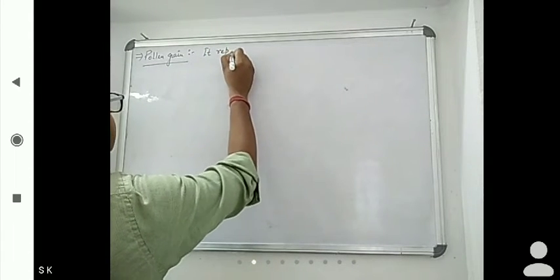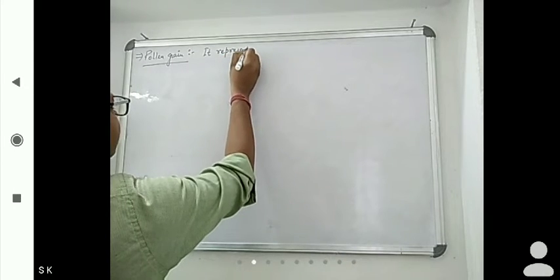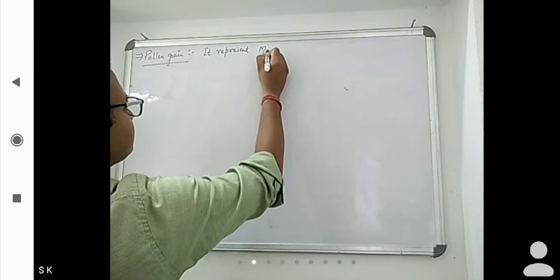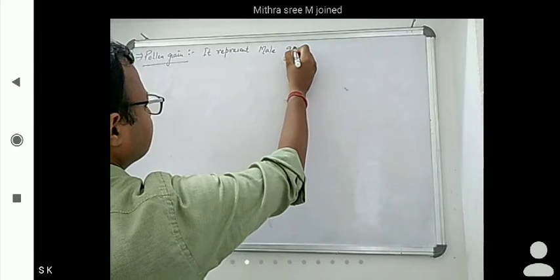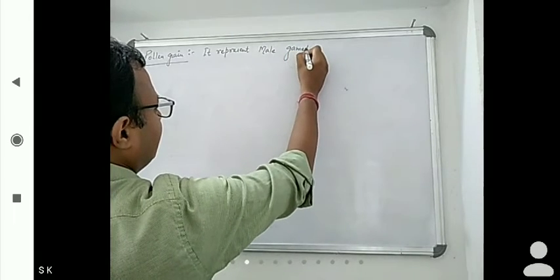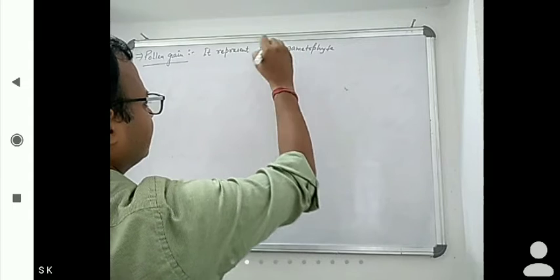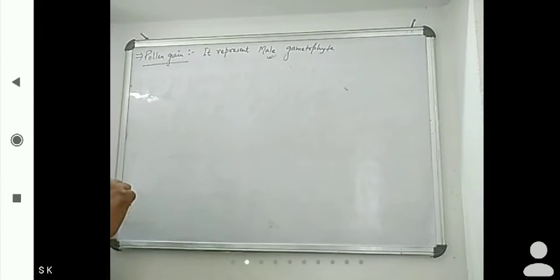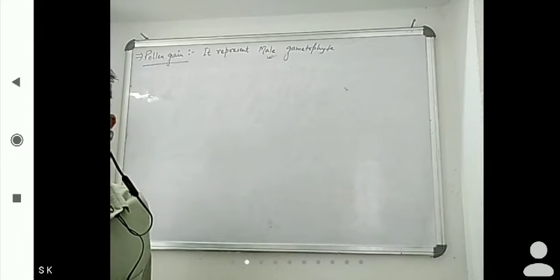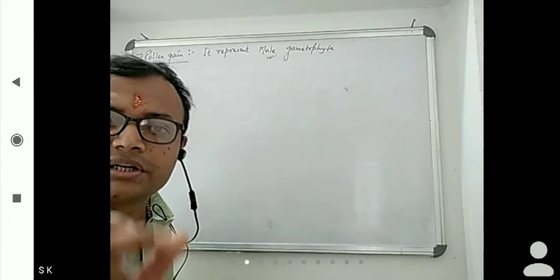It represent male gametophyte. This you have to remember. Which represent male gametophyte? So that is pollen grain. Pollen grain represent what? Male gametophyte. And structure wise it is what?